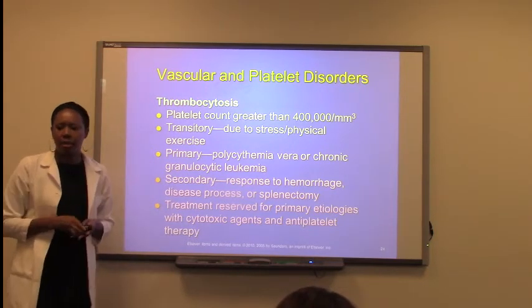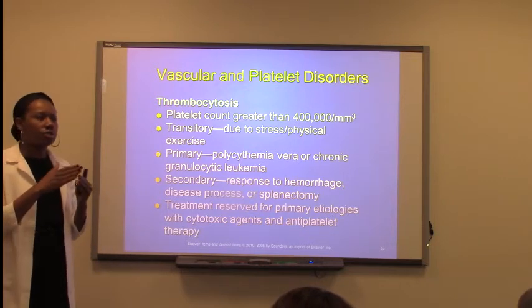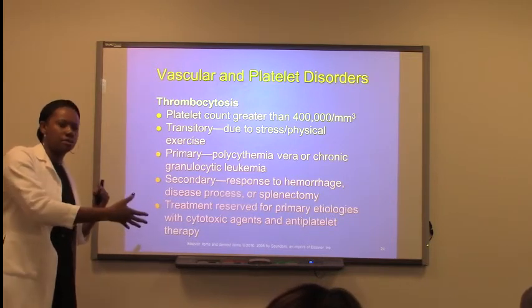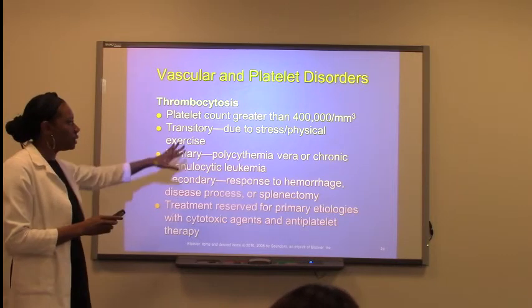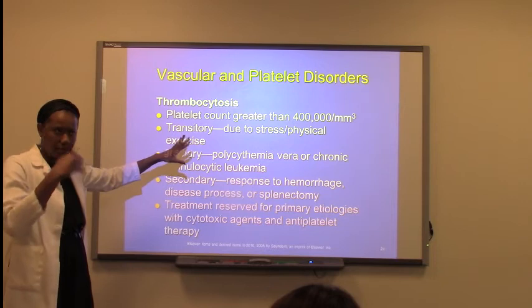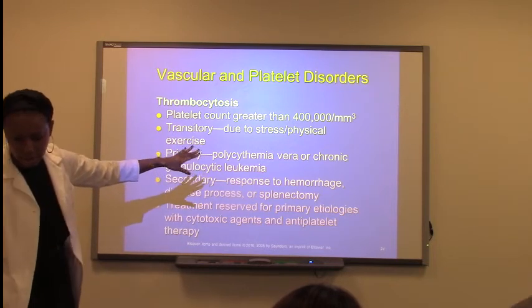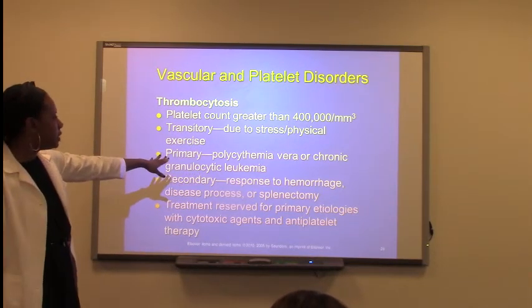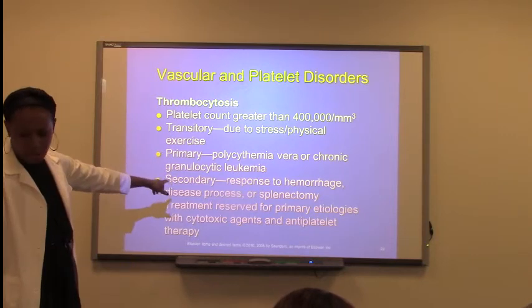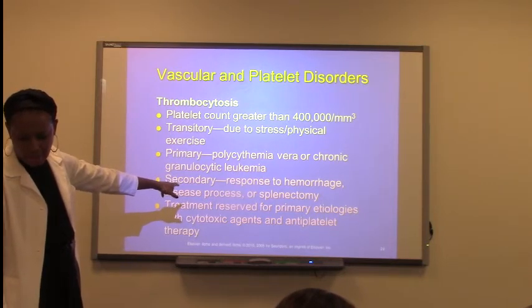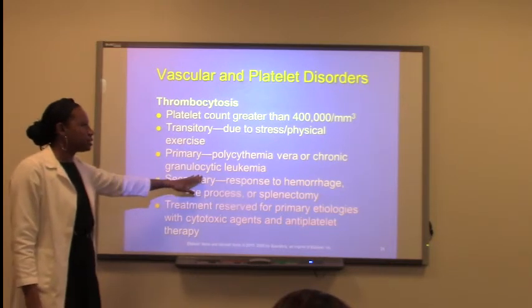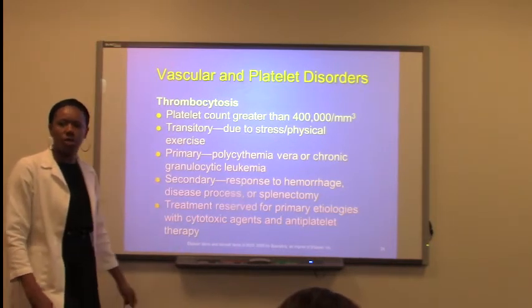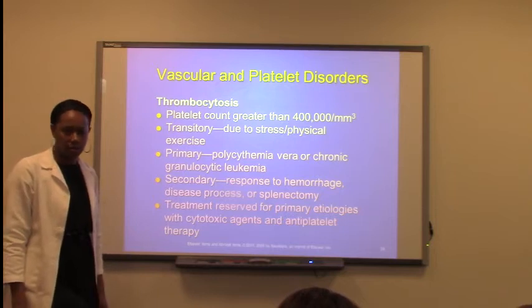That's a normal situation, and it's transitory, meaning that once you're out of that state, your body will go back to normal. It's only doing that as a compensatory mechanism for whatever activity you're doing at that moment. Primary goes along with what is called polycythemia vera, or as we know, chronic granulocytic leukemia, which we also know as CLL.